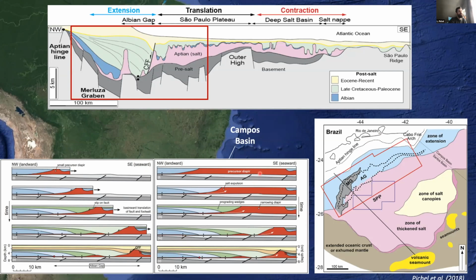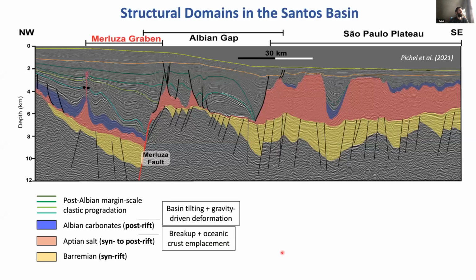In the expulsion model, the Albian Gap is already formed, at least most of it, at the time of Albian deposition. So you have a large diapir that doesn't accommodate any Albian deposition on top of it. And then this rollover forms by just expelling salt seawards without any significant translation of the footwall. So this is one of the questions we want to address with this study.